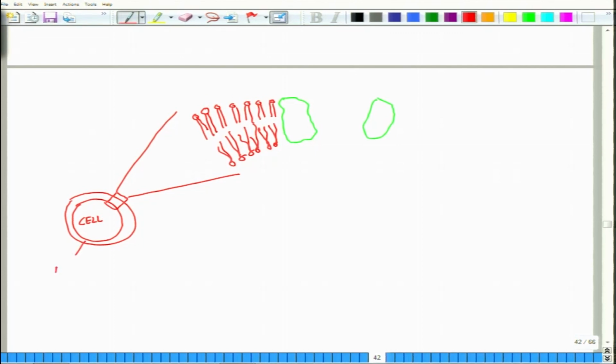And this is the bilipid membrane, and here is a magnification of the bilipid membrane with polar head groups. Polar head groups are here also, on both inside and outside, and with the hydrophobic tail.